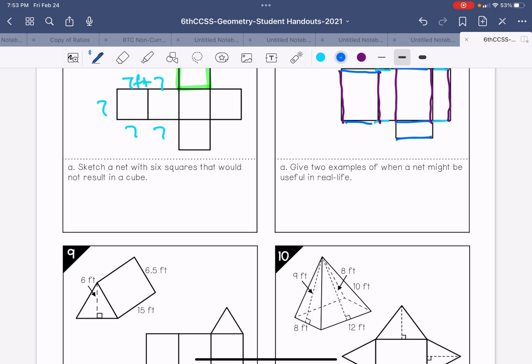Okay, so 7A says sketch a net with 6 squares that would not result in a cube. That if you folded it up, it would not be a cube. Pause the video and do that. Give 2 examples of when a net might be useful in real life.